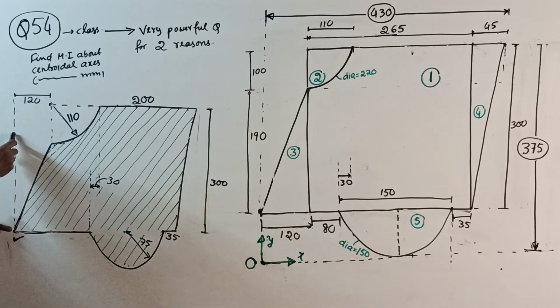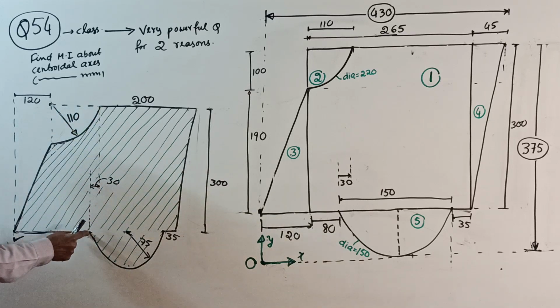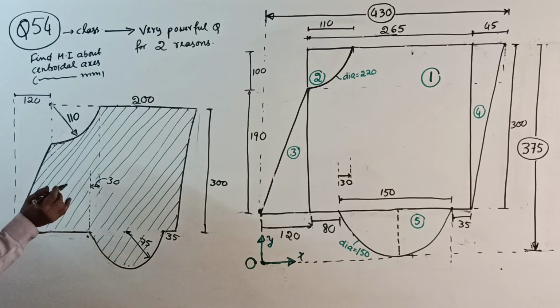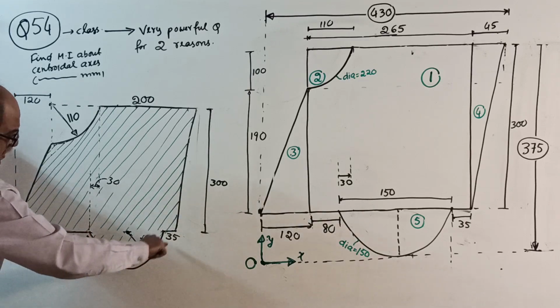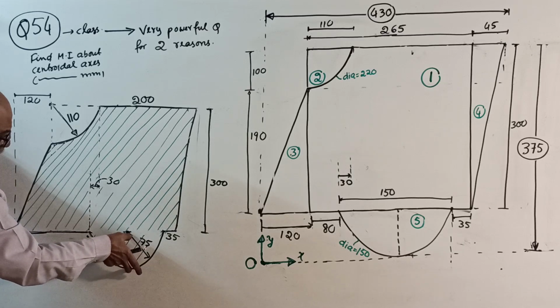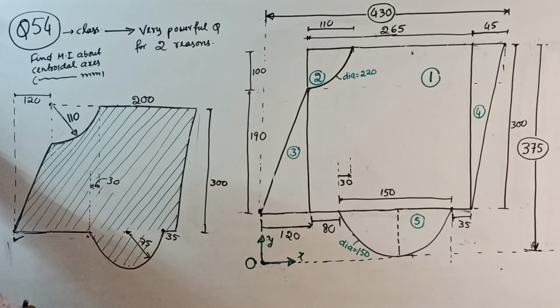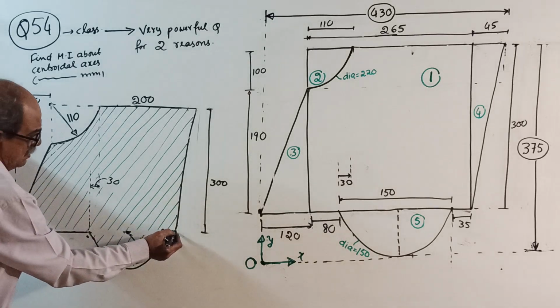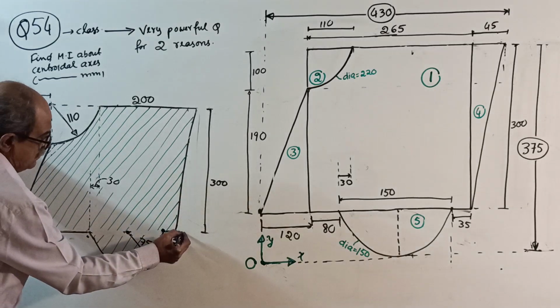So 120 plus 110 minus 30, you get this point. Now you reached here. Then from there, you draw a semicircle of radius 75 or diameter 150. You reach this point. Then go right by 135 and finally right over, I will put double right.